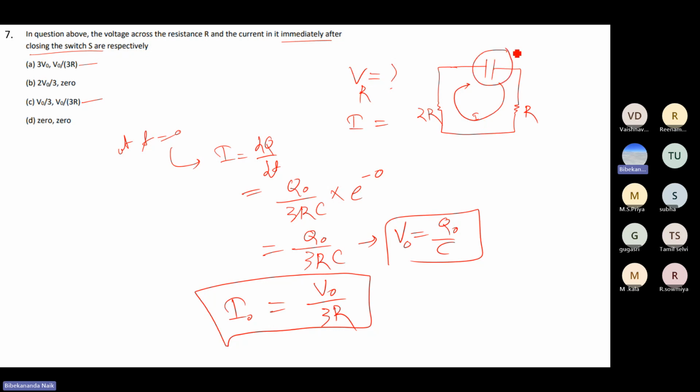The voltage of the capacitor is Q0 by C, V0. So the maximum voltage the capacitor can provide to the circuit is V0. This is the voltage which will drive the circuit. Now this voltage V0 will drop across this R and across this 2R, isn't it? So if you use the voltage division formula, we know V is equal to IR divided by R equivalent.